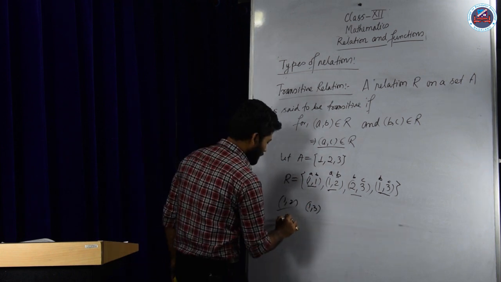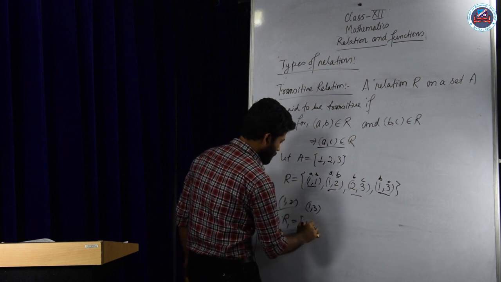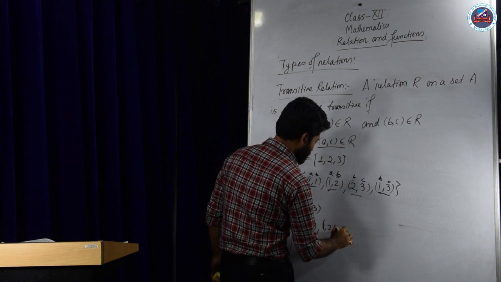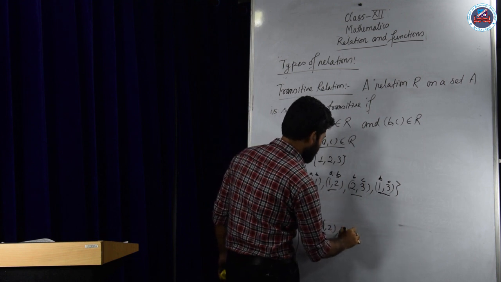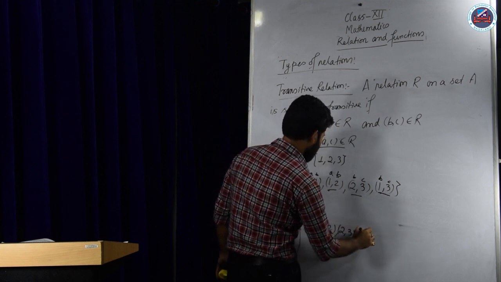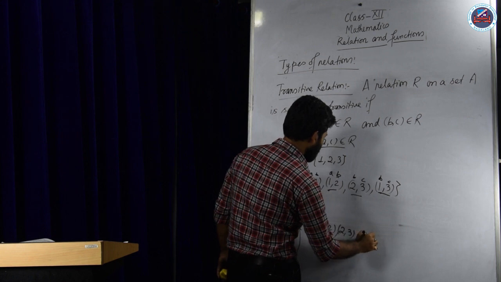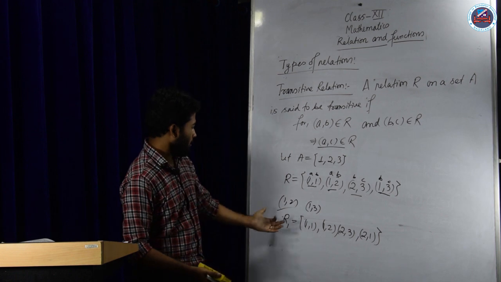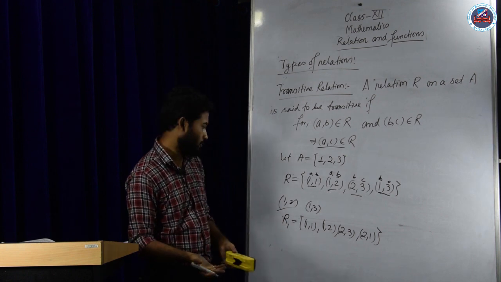Now let me define another relation R1, say (1,1), (1,2), (2,3), (2,1), fine. Is it a transitive relation? No. Why?